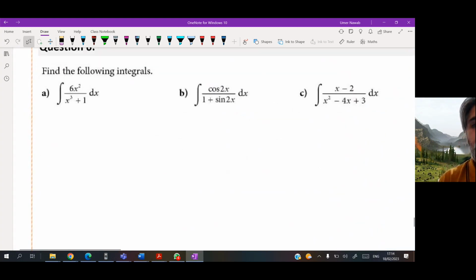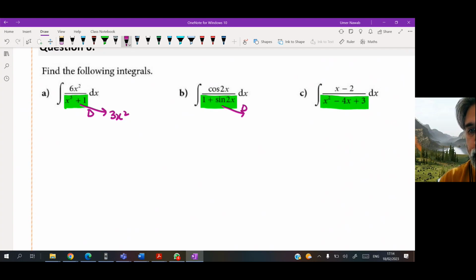Didn't I tell you when you want to make the derivative on the top? So what's the derivative of the function? The derivative is 3x squared. What's the derivative? 2 cosine 2x. What's the derivative? 2x minus 4. So how can I manage it? I have here 6, so I need to make it as 3.